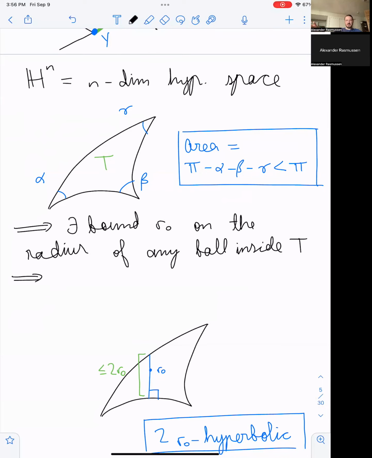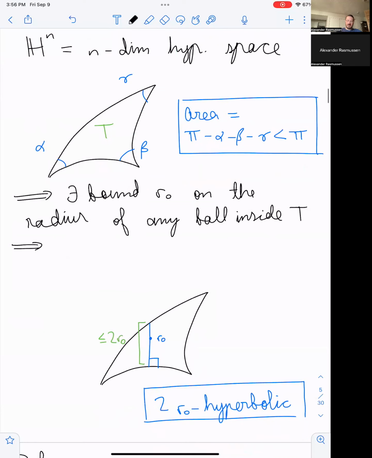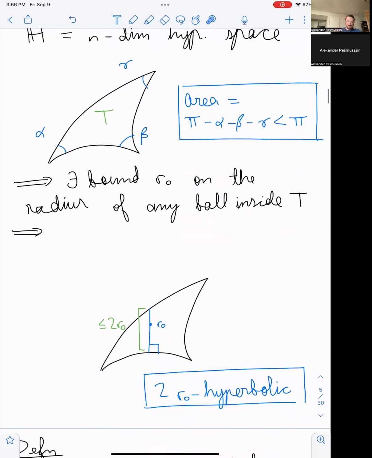Eventually, if the radius is big enough, the area is going to be bigger than pi. So you could calculate very explicitly a bound R naught on the radius of this ball. I'm not going to do that, but I'll leave that as an exercise.